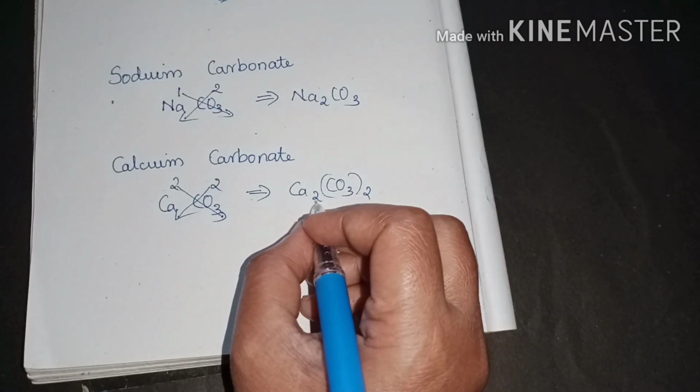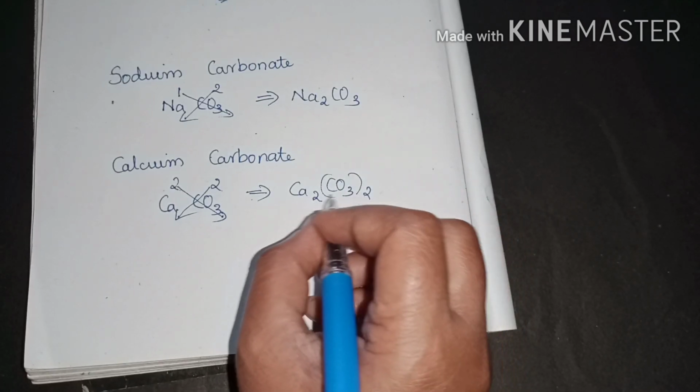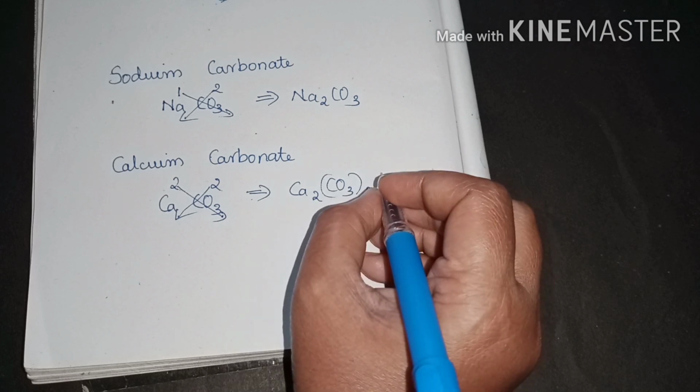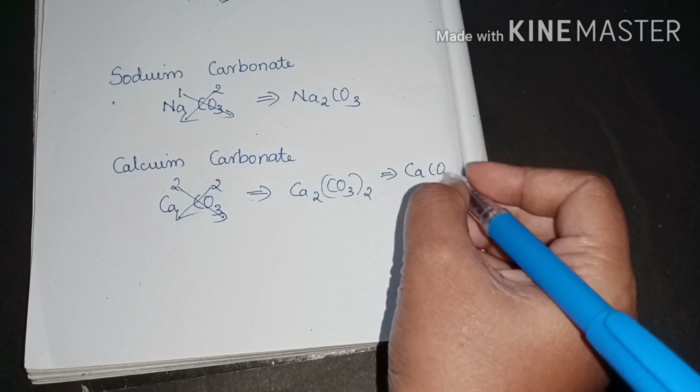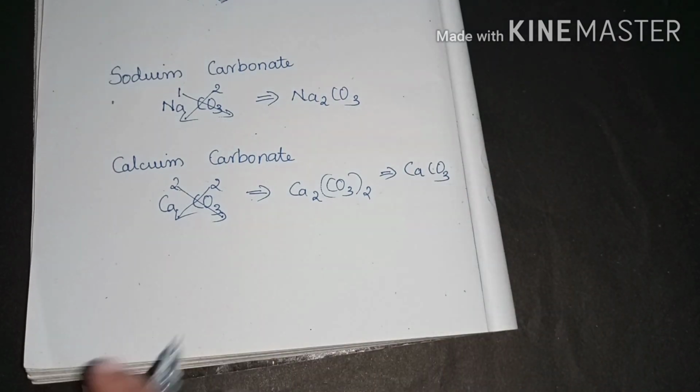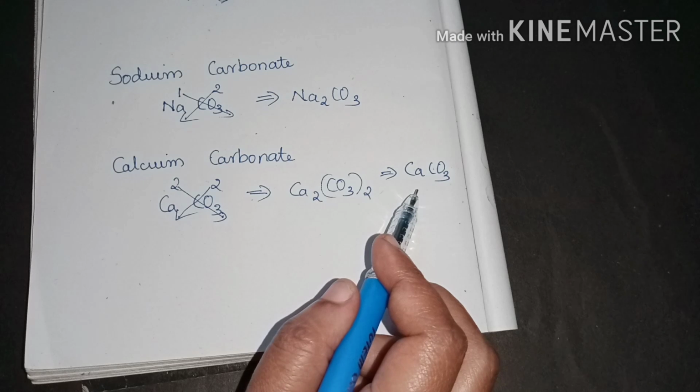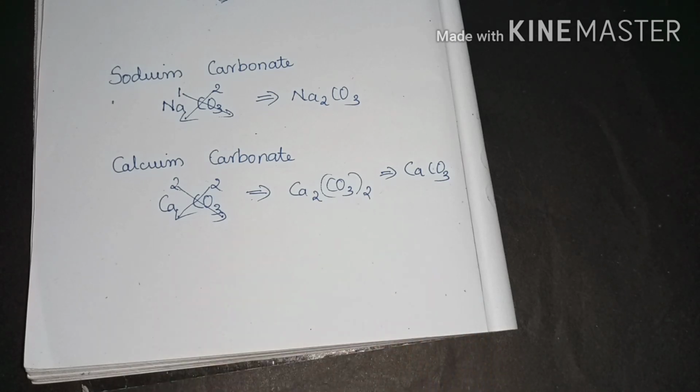Here 2 is common, so on cutting that 2 we will get CaCO3. So the formula of calcium carbonate is CaCO3.